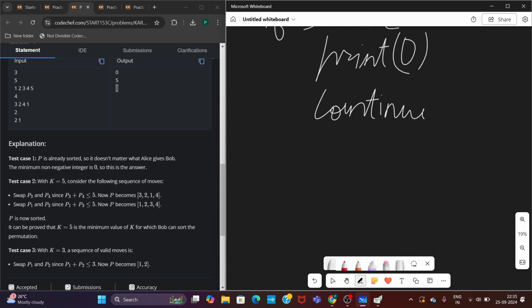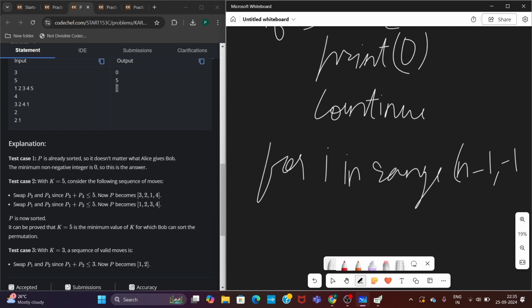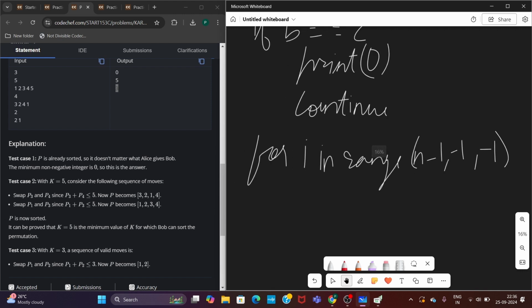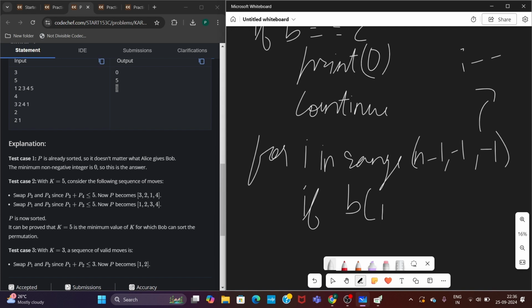So for i in range n minus 1 till 0, we will be decrementing our for loop by 1, meaning i minus minus. We will check if our b of i is not equal to c of i.